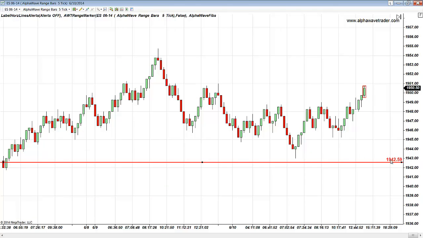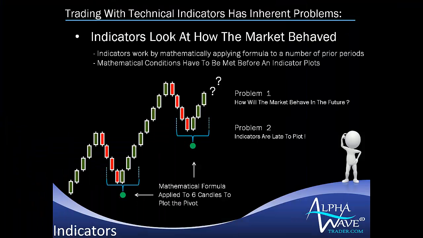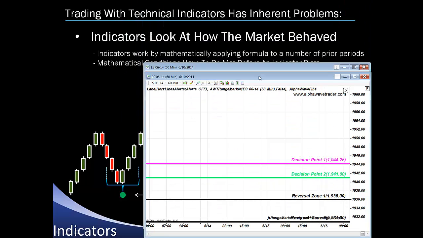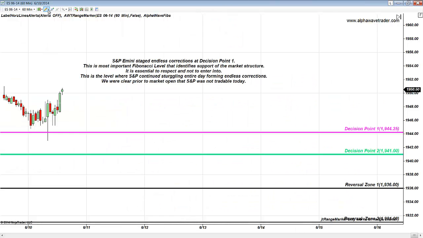This is the alphabet of the market. This is what shows where price is weak, where price is corrective. This is what showed our students this morning in Alpha Wave Traders Club where to walk away from corrections, as the S&P this morning was absolutely unbearable.